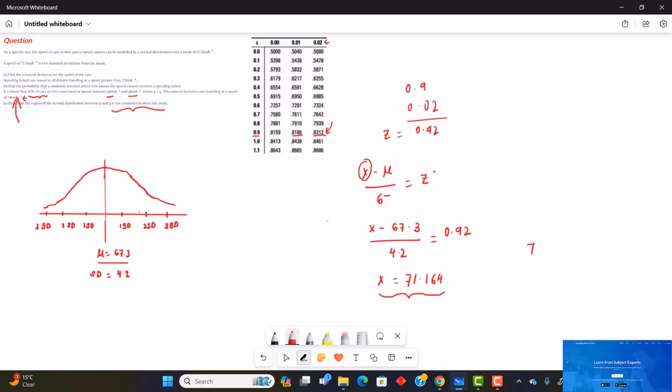Since 74 is greater than 71.164, we can say that it won't be symmetrical around the mean. What we mean to say is it will somewhere be around here. On the left part, the region will be much smaller than on the right hand part.